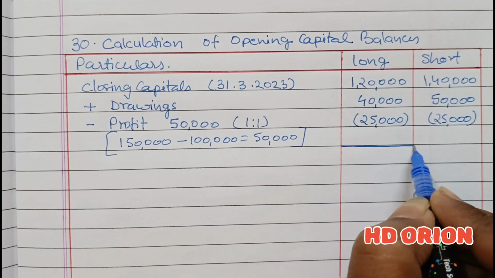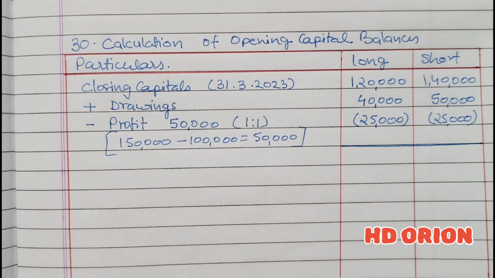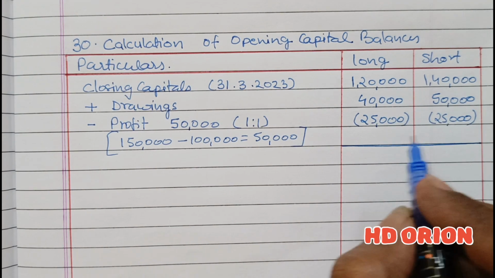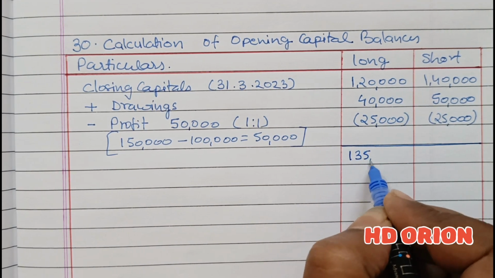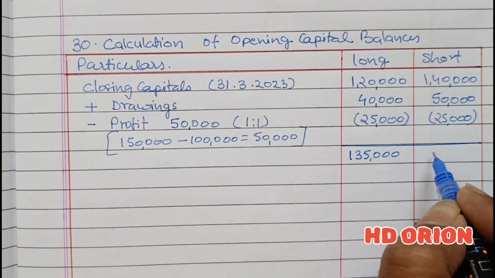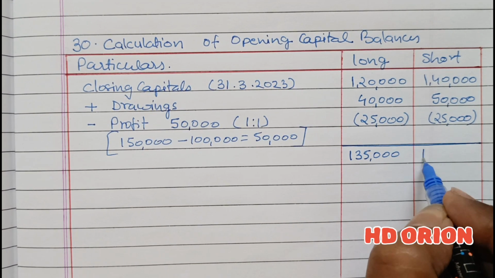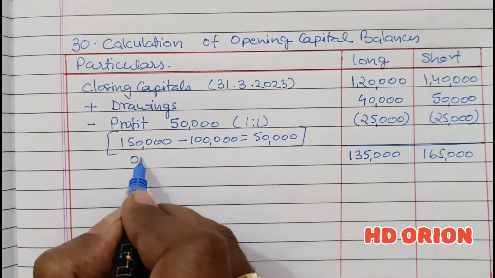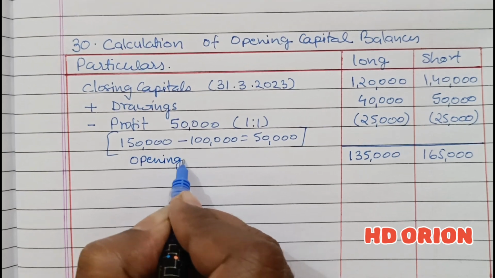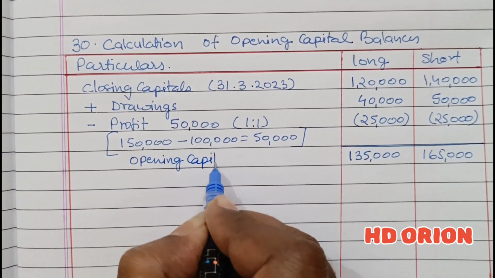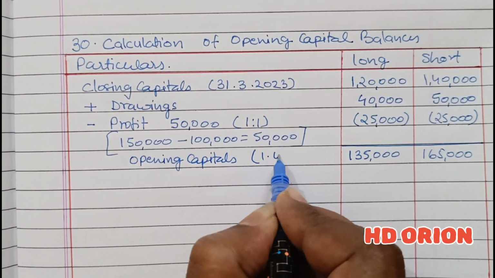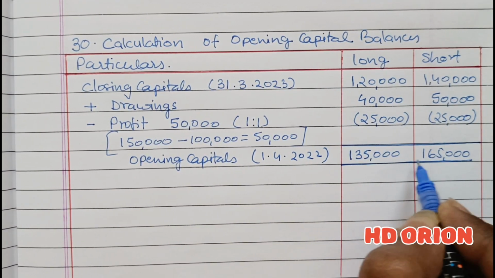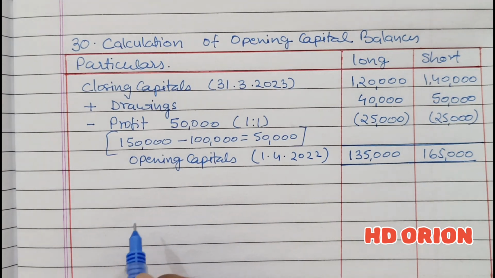Now whatever we get, when you calculate this, you get rupees 1,35,000, and here for short you get rupees 1,65,000. This is our opening capitals, that is on 1st of April 2022. Now on this opening capitals only we have to provide interest on capital.